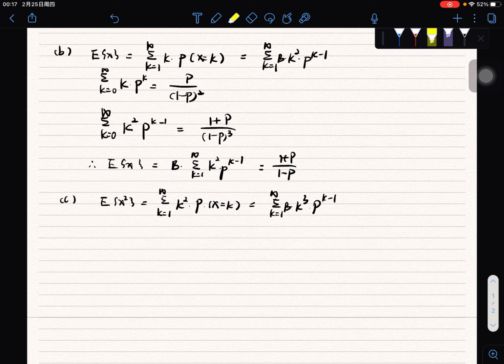From B, we know this summation, we can multiply p to each side, and we will get the summation here.